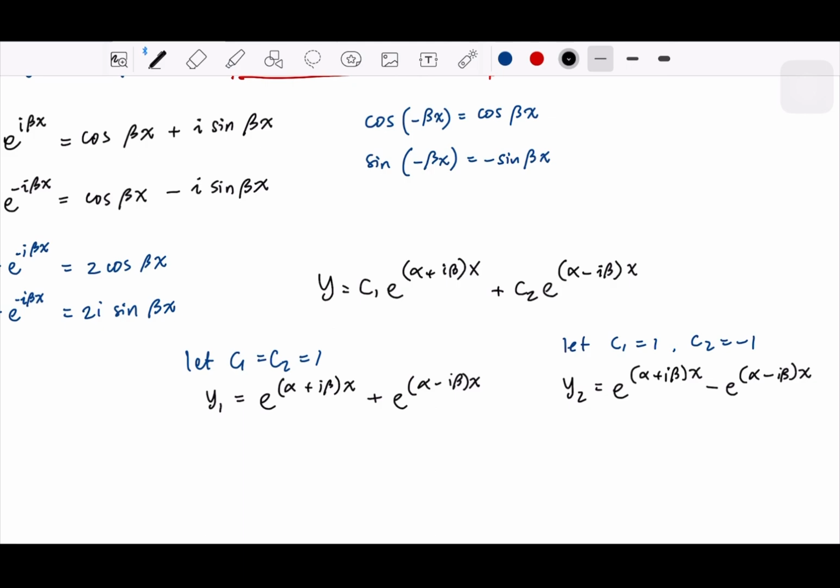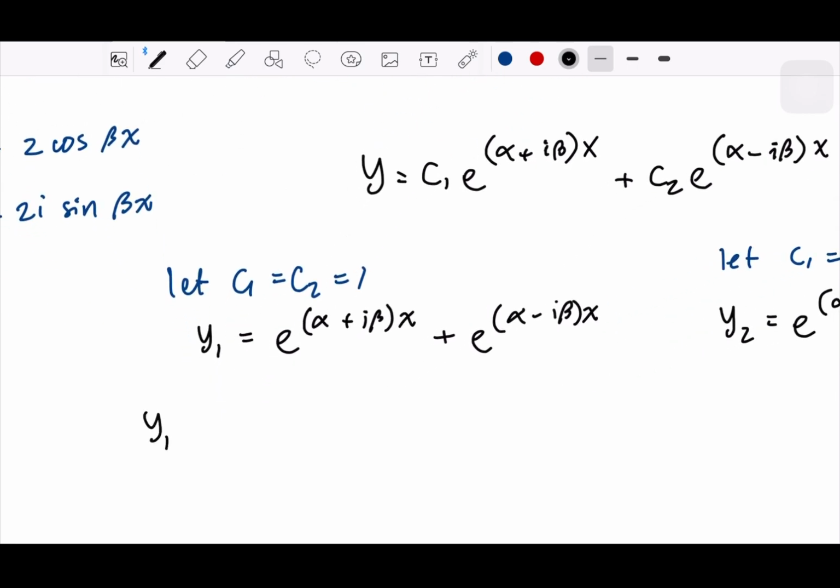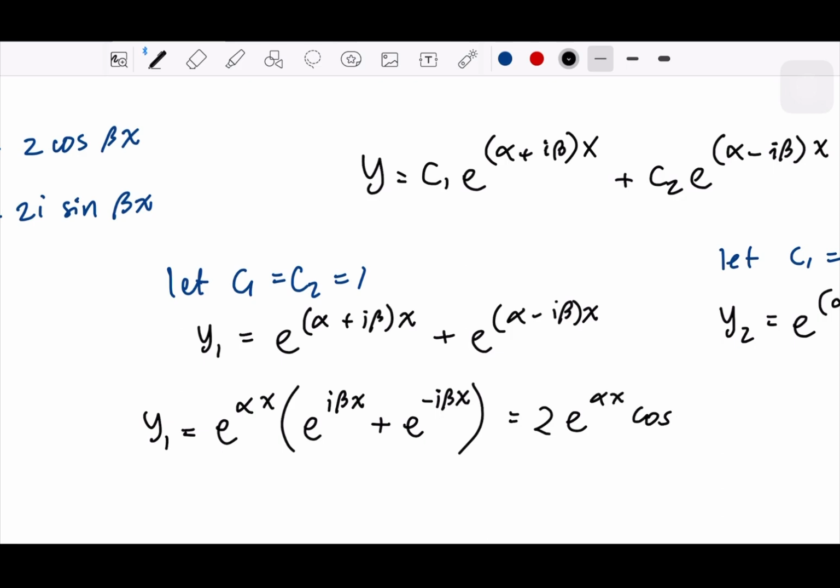Now looking at this y1, we could take the expression out of e to the alpha x, and we have e to the imaginary number beta x plus e to the negative i beta x. It turns out this is going to have 2 e to the alpha x cosine beta x.